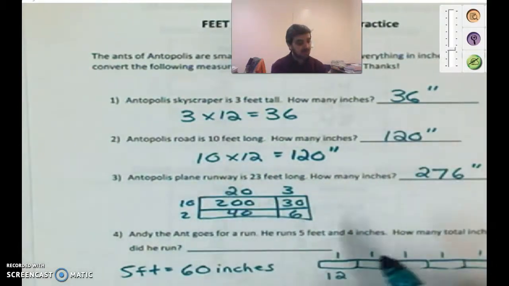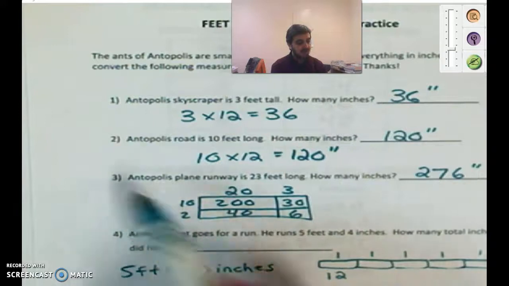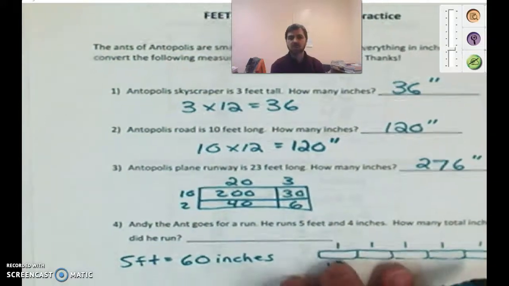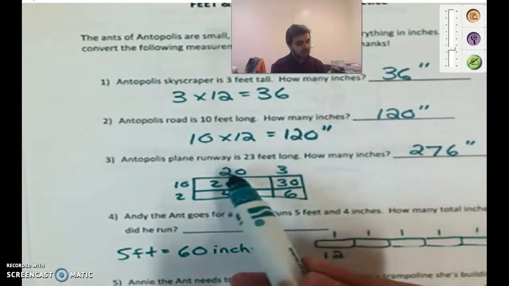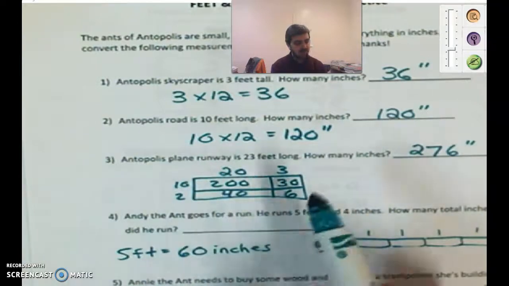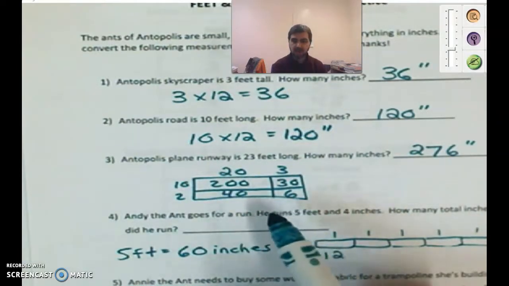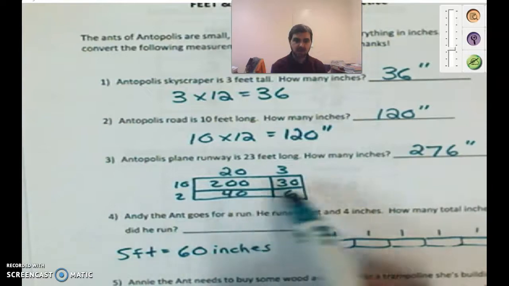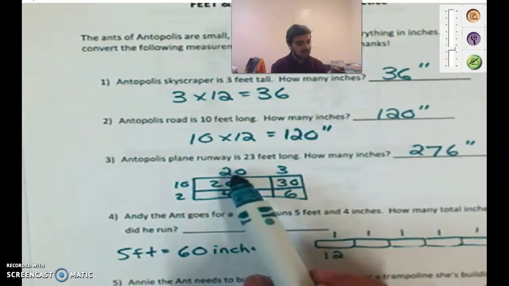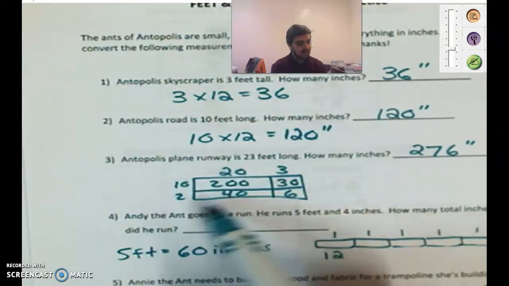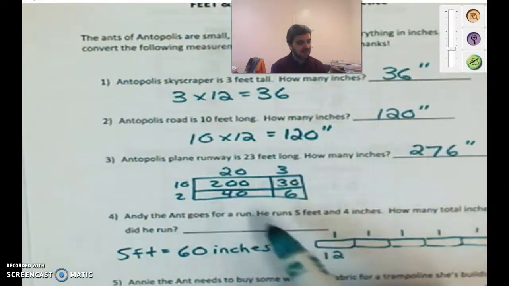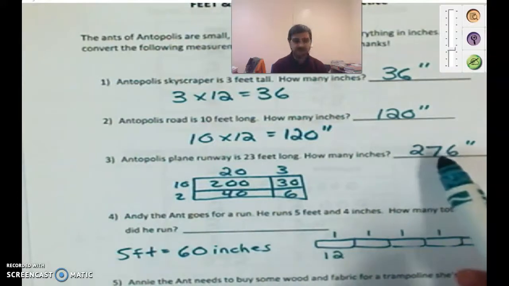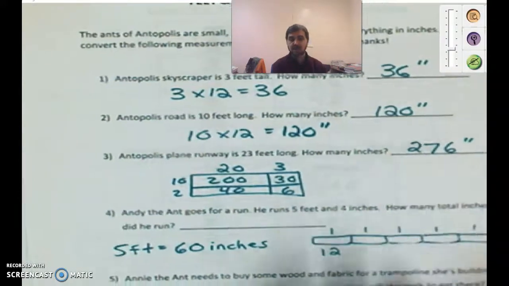Okay, so 120. Number 3 required more multiplication, right? So you had to do 23 times 12. So I used the area model, and I got 276. I did 20 times 10, 20 times 2, 10 times 3, and 2 times 3, and I added those up, and I got 276, okay?